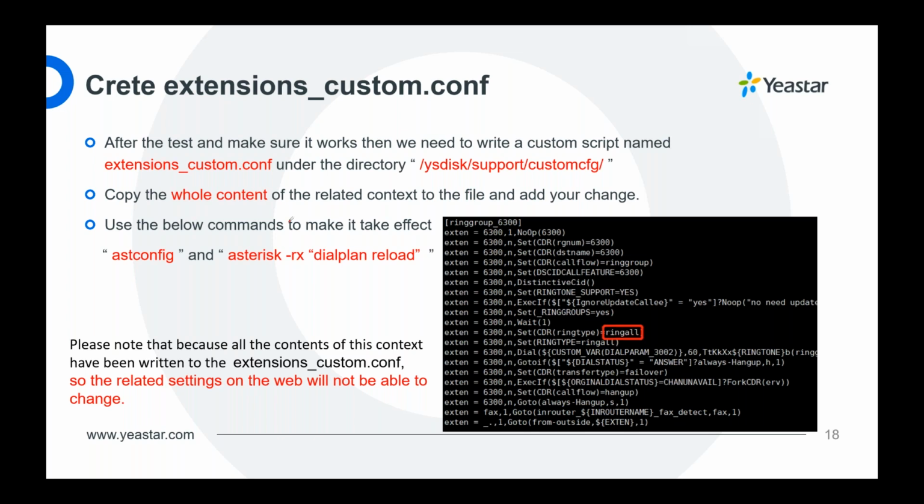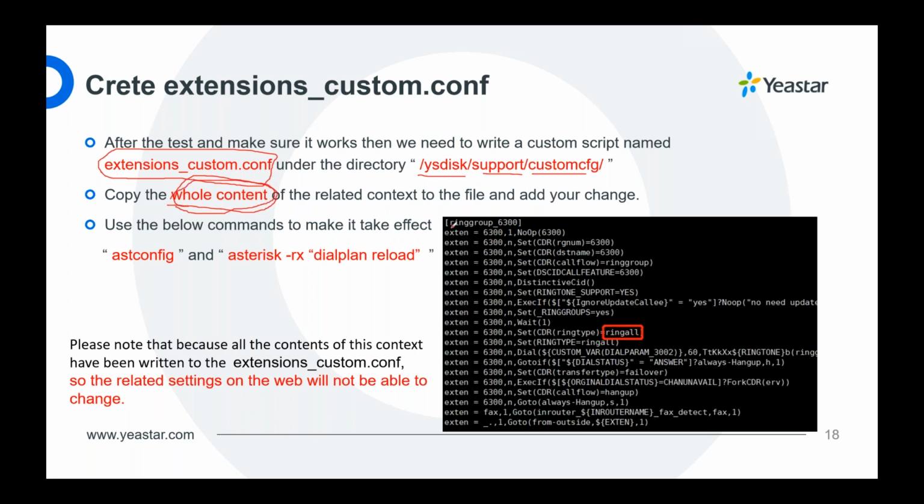We go to the directory /etc/asterisk/... the custom CFG directory, and then we create a new file named extensions_custom.conf. Then we copy the whole context. Please note, the whole context.